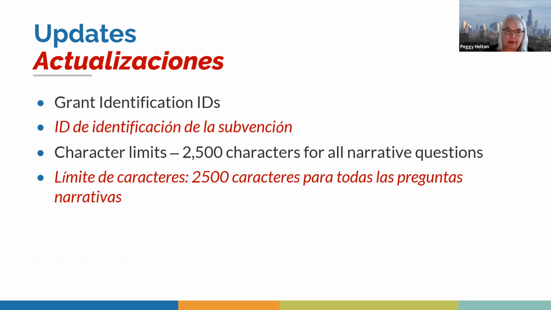So first, just a couple of updates. The grant identification IDs that are in your invite letter work a little differently than what the instructions say. When you go into your invite letter, you'll see a button that says grant identification ID. You actually click on that button.